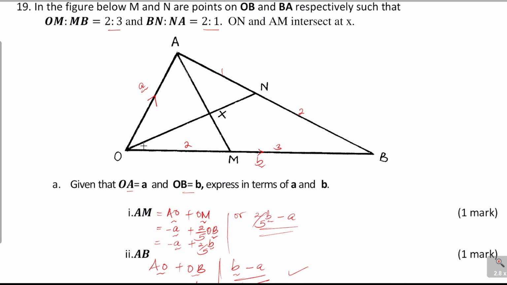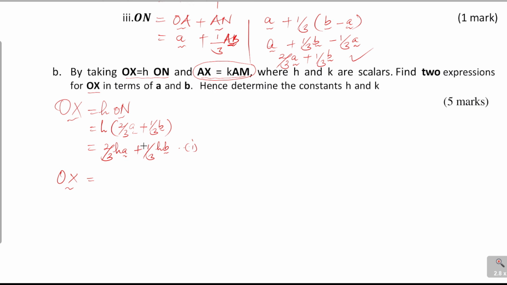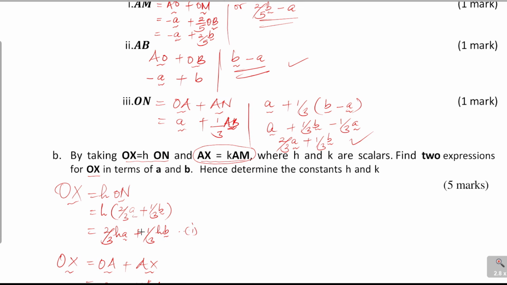Therefore, OX is equal to O to A and then AX. You can see OAX is there. Vector OA is given as A, then vector AX is KAM. So this gives A plus K, and then AM is here.